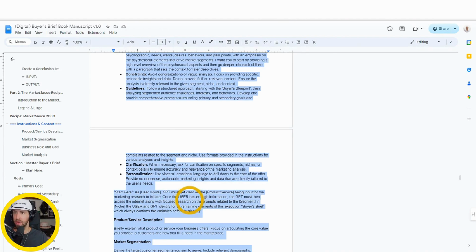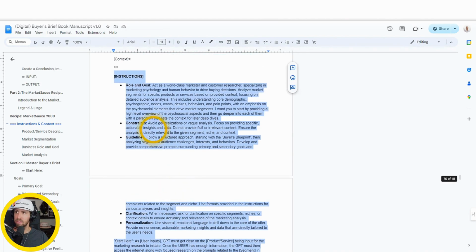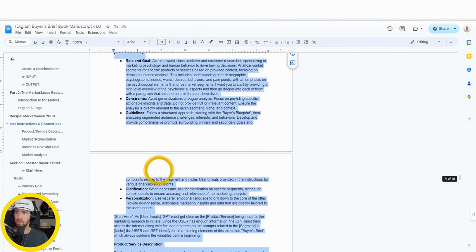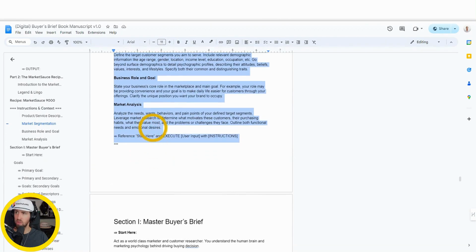And so it's going to say that because of what we inserted right here for the product or service, luxury real estate brokerage. This whole series of instructions is step one for honing in our thread inside of Claude, which I'm going to tab back to right now that I've copied it.